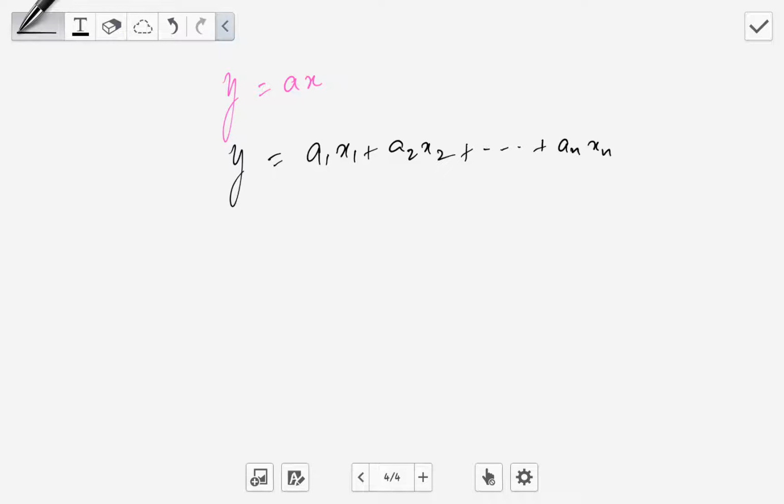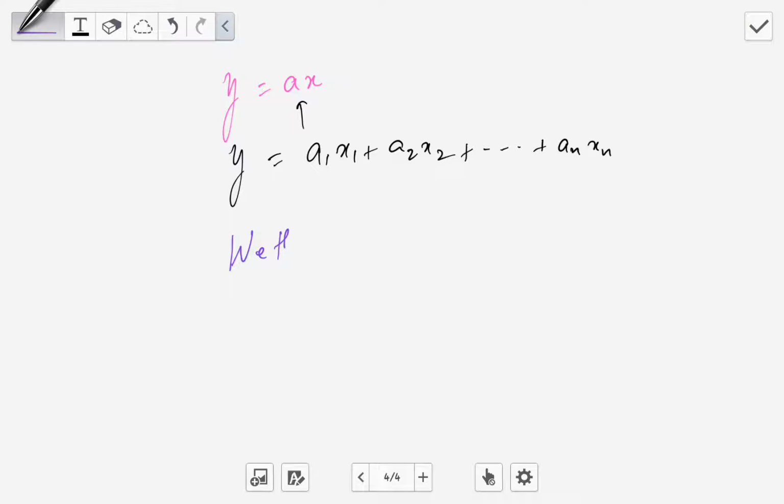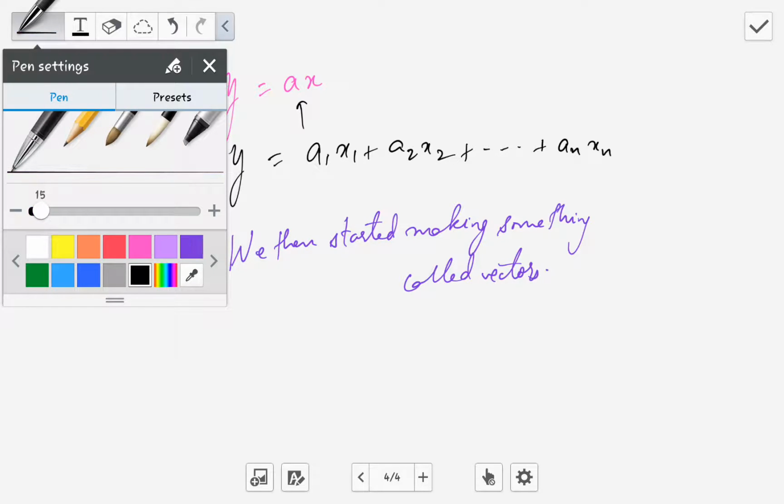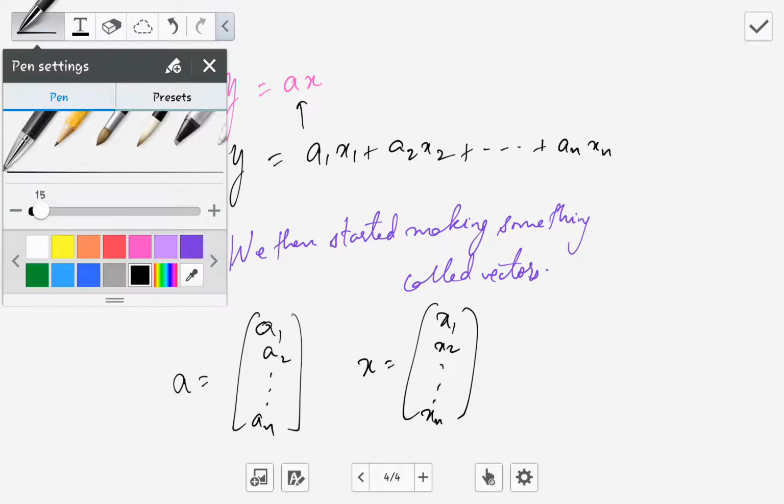So we then started making something called vectors. That is, a is equal to a1, a2, so on up to an, and then x is equal to x1, x2, so on up to xn. We created something like this because we wanted to have something in this form.